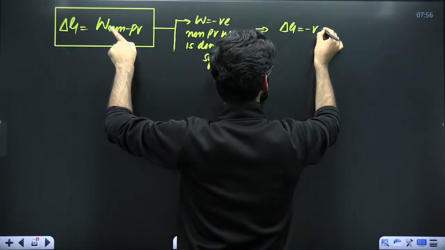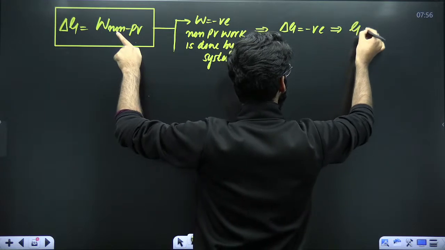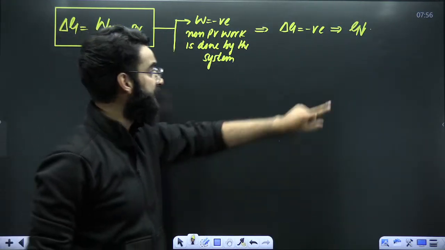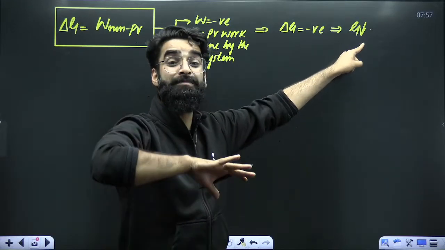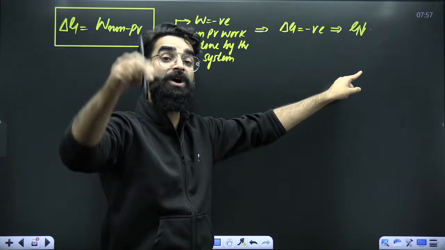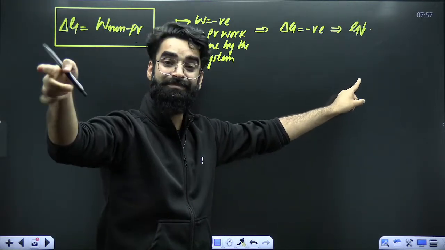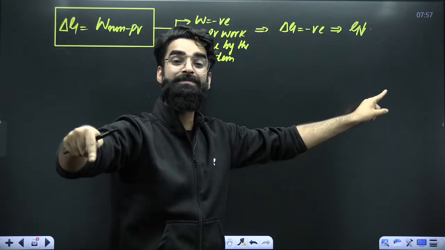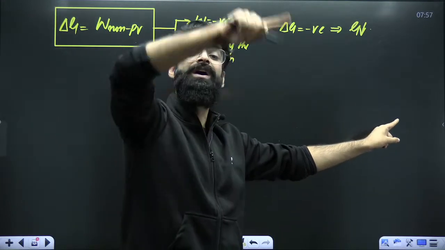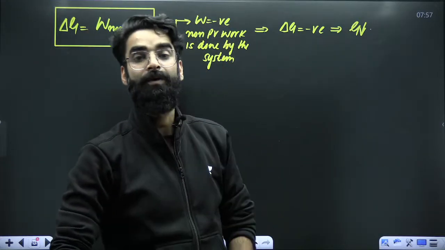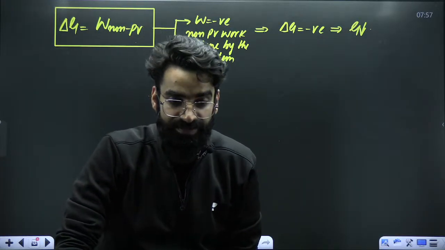Delta G negative means the free energy of the system is decreasing. So whenever you see the free energy of the system decreasing with time, understand that at that point non-PV work will be done by the system, because some part of the available energy, some part of the Gibbs free energy, will be converted into useful work. That is the reason why Gibbs free energy will be decreasing with time.